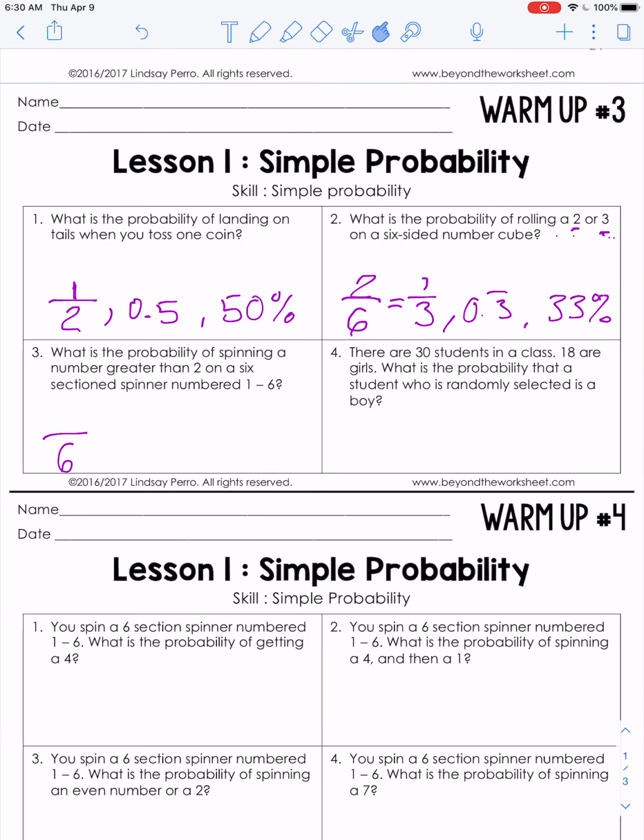So our event outcomes would be 3, 4, 5, or 6. So we have a total of 4 event outcomes. So we need to divide by 2. So we get 2/3, which equals 0.6 repeated, or about 67%.